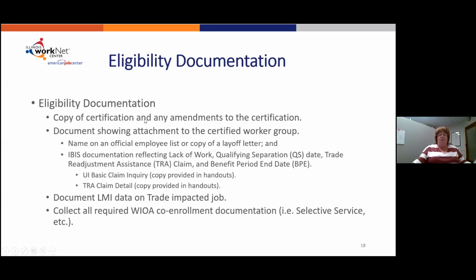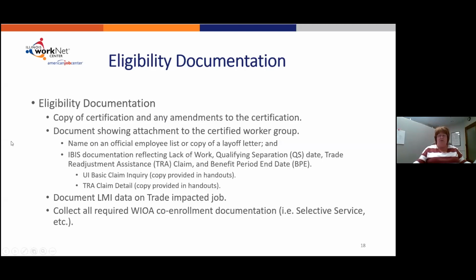So some of the eligibility documentation that needs to be provided or available in the customer file or available on site at the local area: a copy of the certification, and that will help the career planner look at that. They'll know the dates, they'll have any information about the worker group to make sure that person is eligible under that certification.